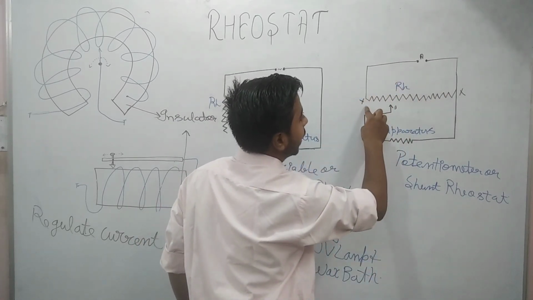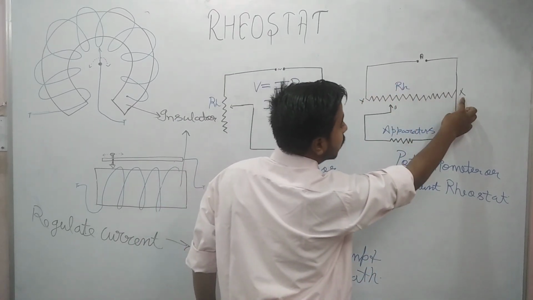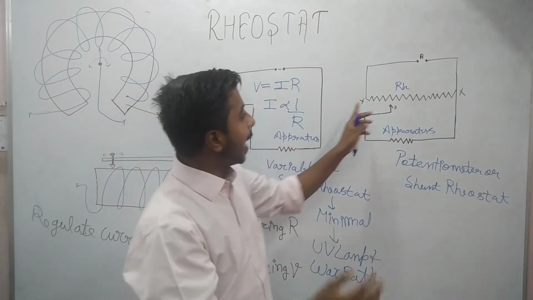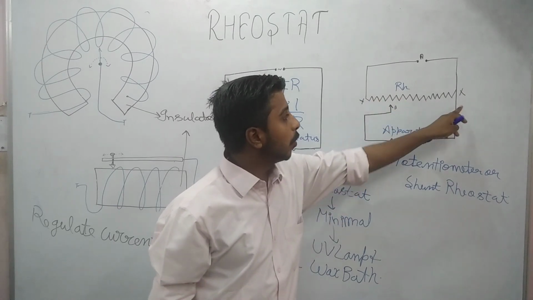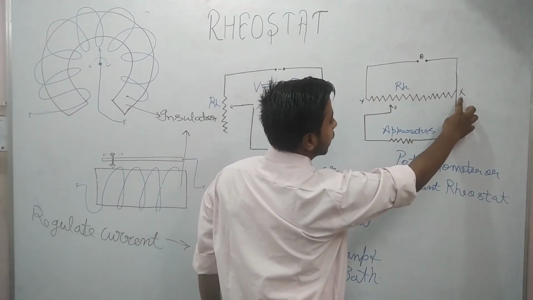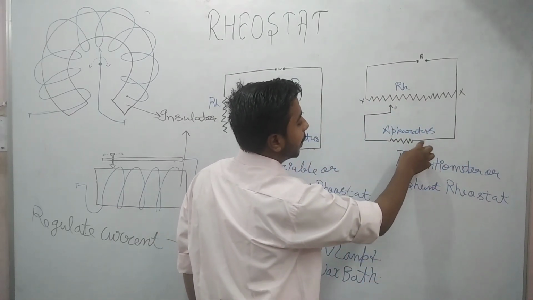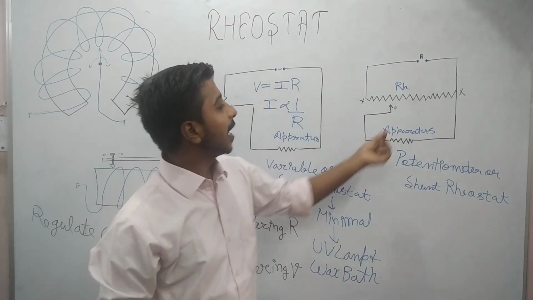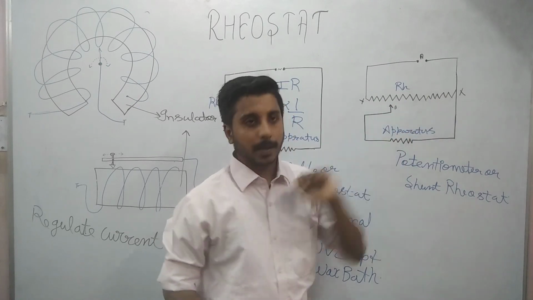One end is connected to the rheostat, and this rheostat is also connected to the wire at this end. Both the ends are connected to the rheostat, and from this end, that is X, a wire is coming which is connected to the apparatus and has a knob which can be attached to this part.